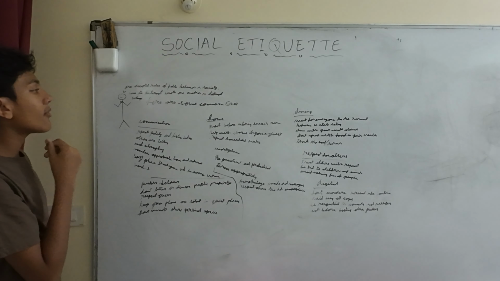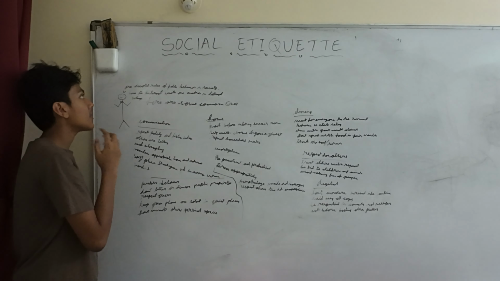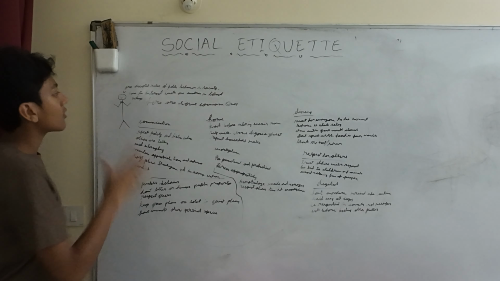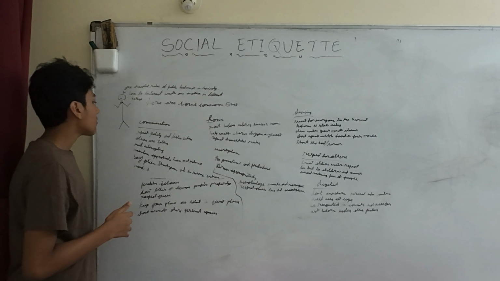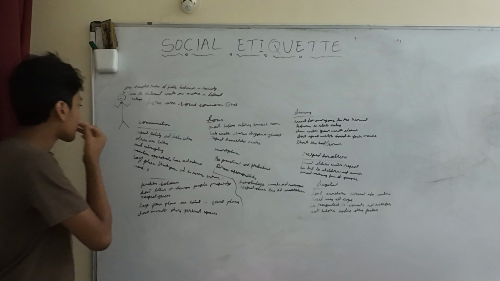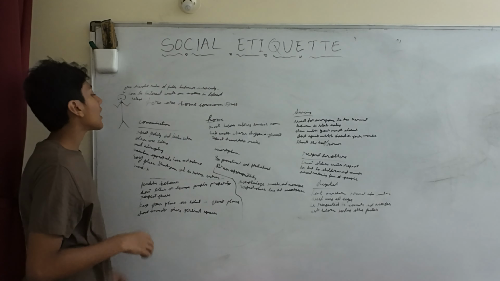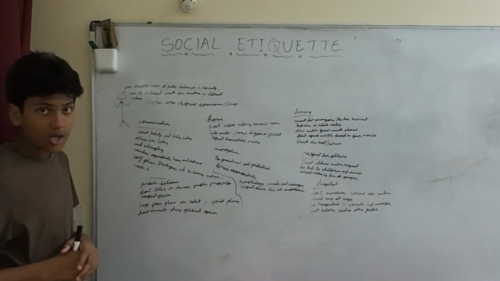So, for example, here are some common social etiquettes. Communication etiquette, okay? Some examples of communication etiquette include speaking politely and listening when others are talking.